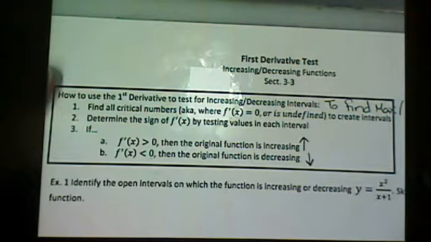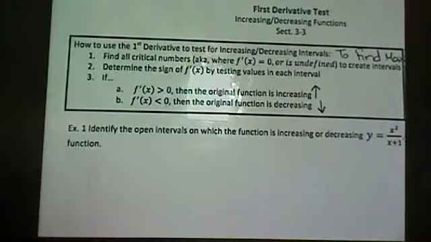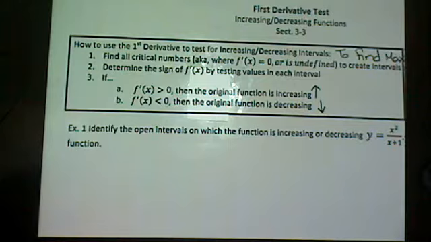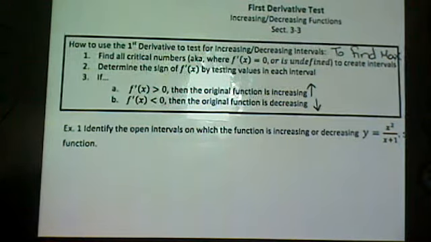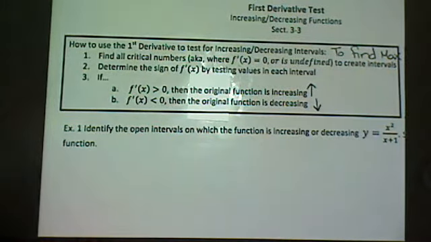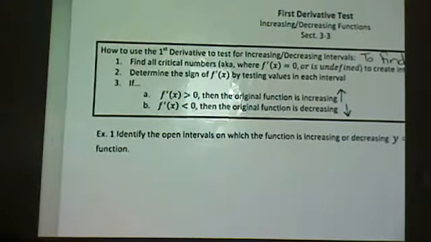Let's do the very first example. We're going to identify the open intervals on which the function is increasing or decreasing. We will then sketch a graph of the function. So the first thing we should do is take the derivative.